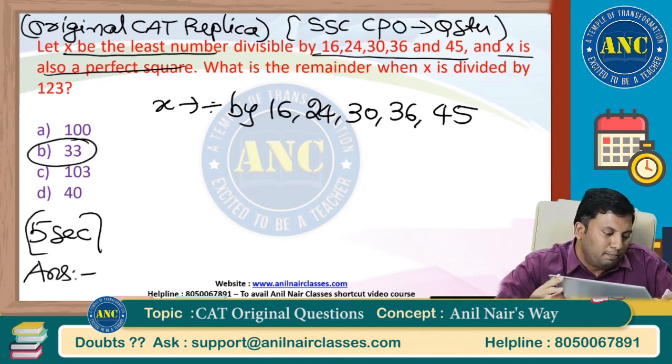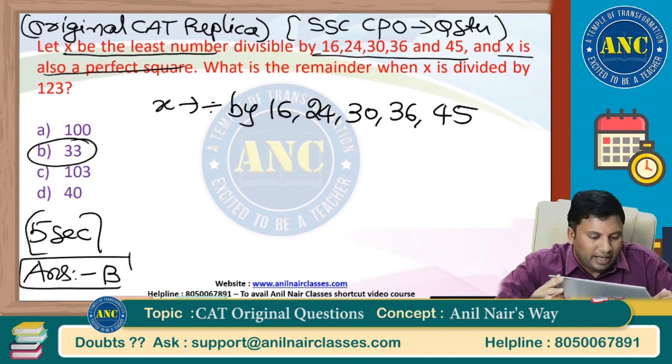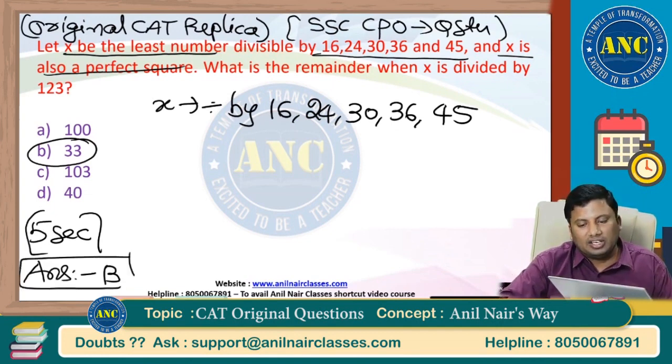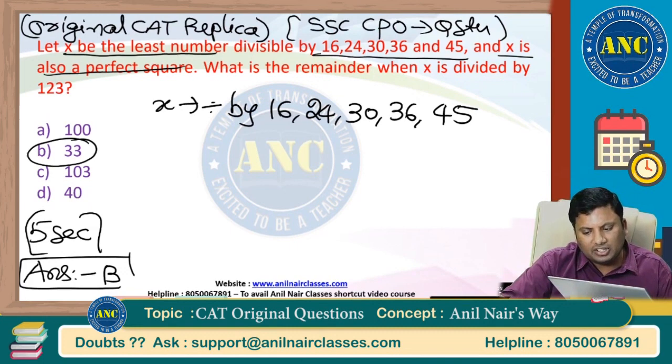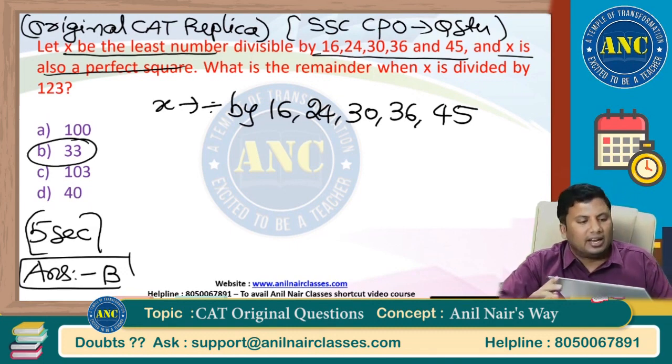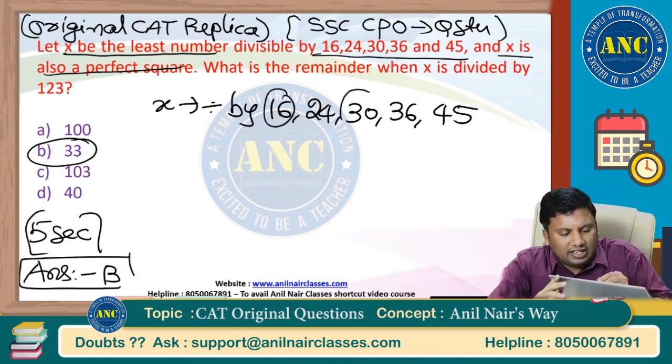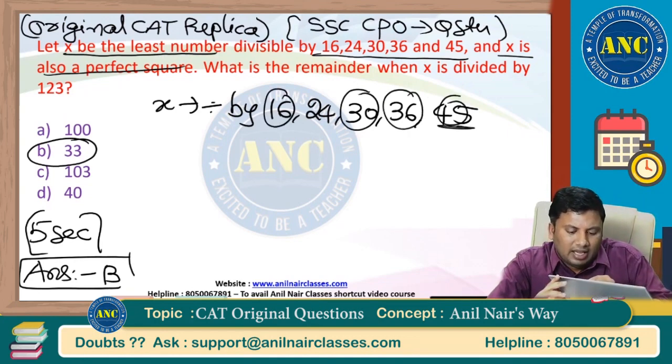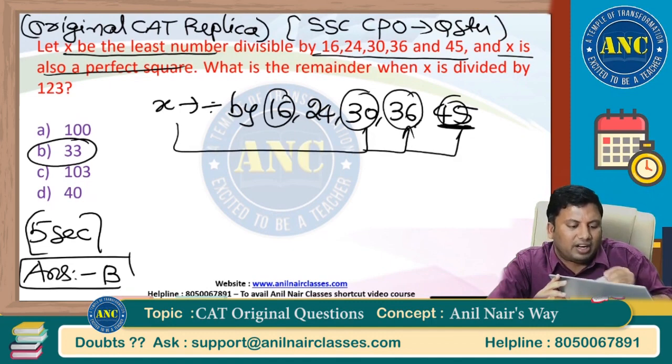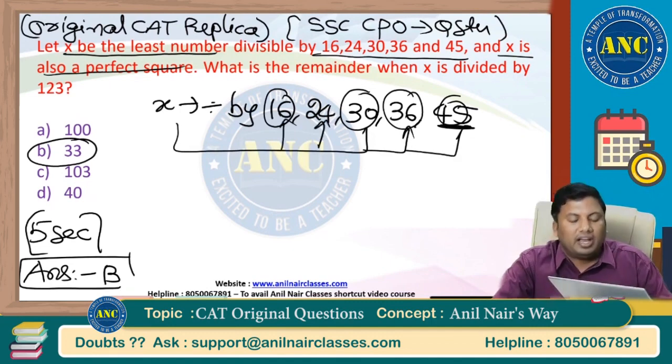The answer is B, 33. Why is it B? How did I solve this question? Through sheer observation. X is divided by any of these numbers. Can I say that x is divisible by 30 or 36 or 45 or 16?